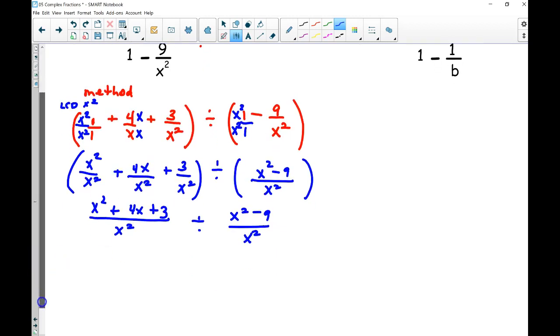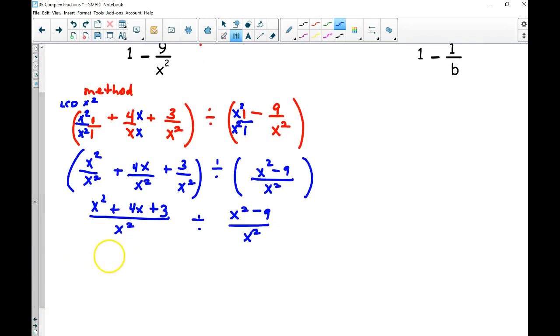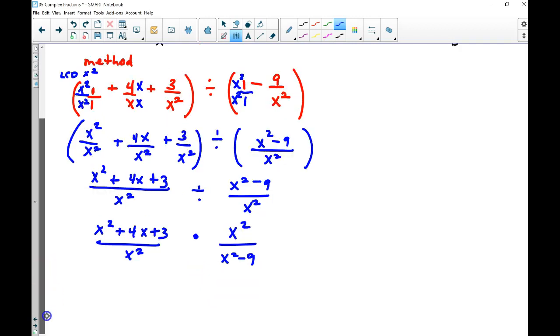And then I could do that keep change flip thing. So the first expression stays how it is, but then this would become a multiplication, and I would flip the second fraction.